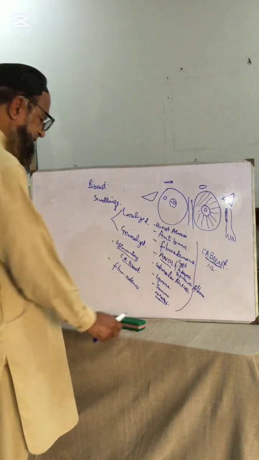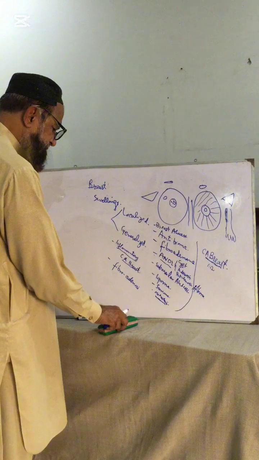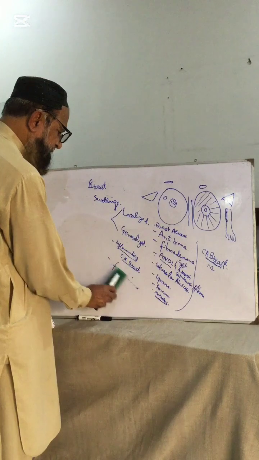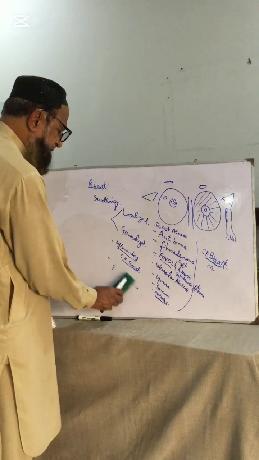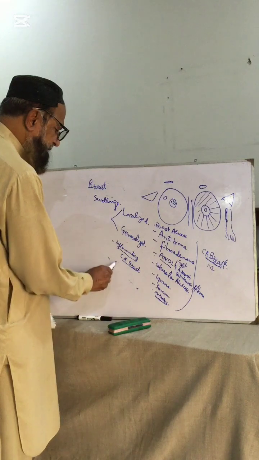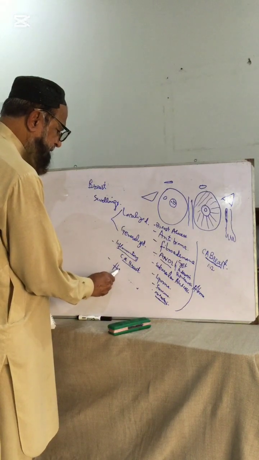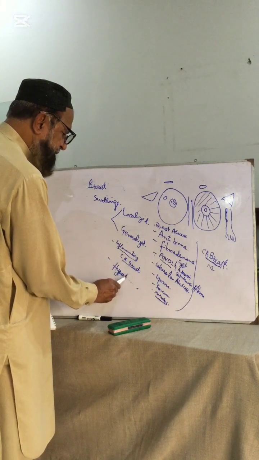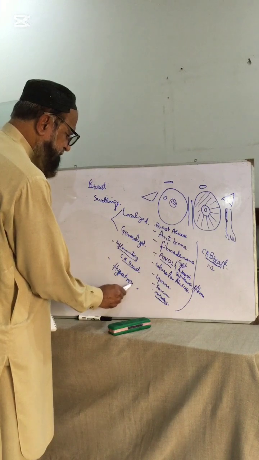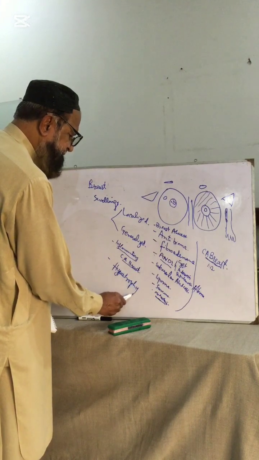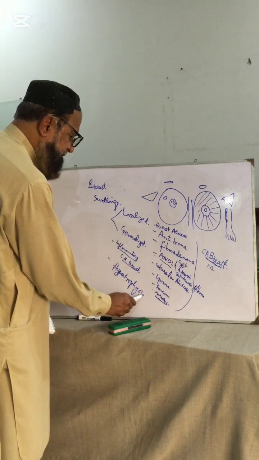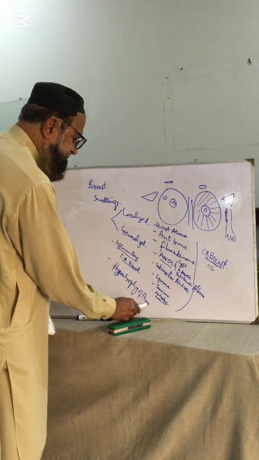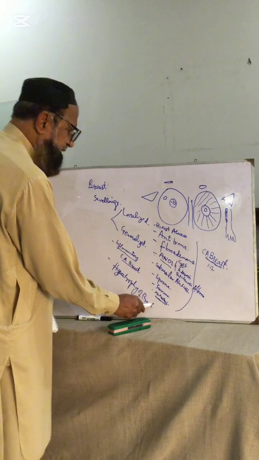Then there is another condition known as hypertrophy of the breast. I have seen 2-3 cases of hypertrophy of the breast that is under estrogen and other hormonal changes at the time of puberty. The breast enlarges to enormous size, and they may come down to the level of the knees.